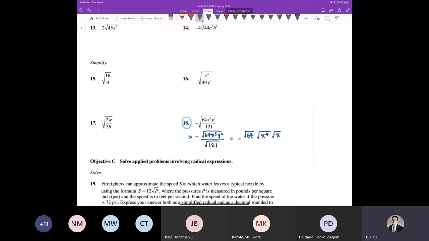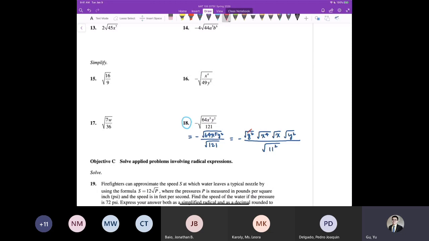The last one is perfect. It's a perfect square, so you just leave it, square root of y squared over, actually let me rewrite 64 as 8 squared, so I could actually cross out inverse operations. For the denominator 121, it's also a perfect square. It's 11 squared. And now we are ready to cross out inverse operations.